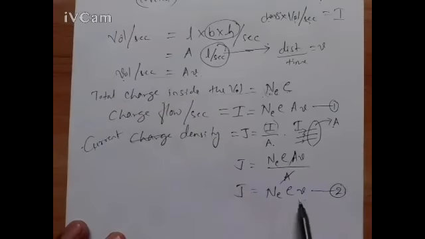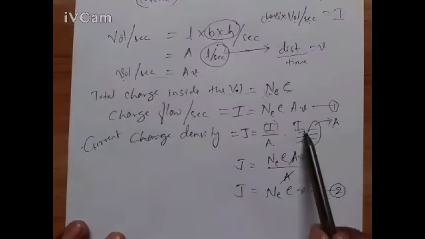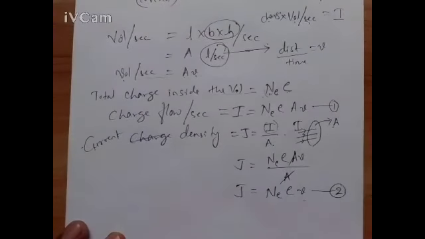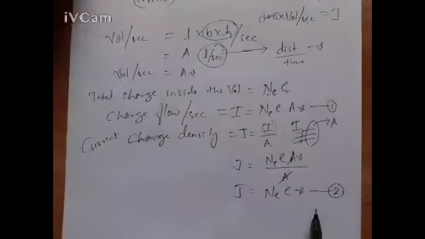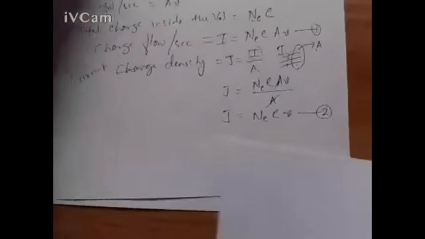Then J is equal to n e v. This is equation number 2. The current flowing per unit area is current density. I hope you understood this. Nothing more difficult things are there. It's quite easy. Then I'll move to the final equation. Only one step is remaining, then we'll reach the final equation.